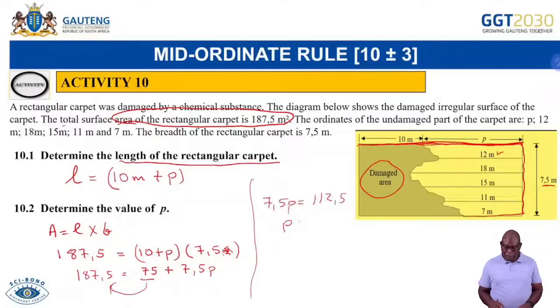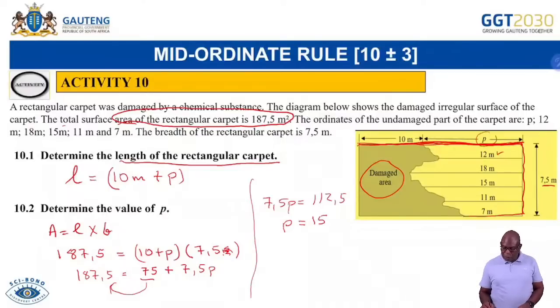Then from there I'll get the value of p. So I'll divide this by 7,5. Then I'll get p equals 15. So meaning that the length of that will be 15.